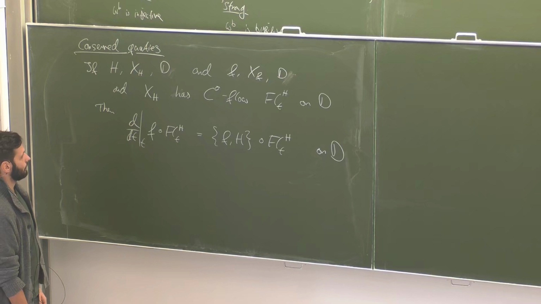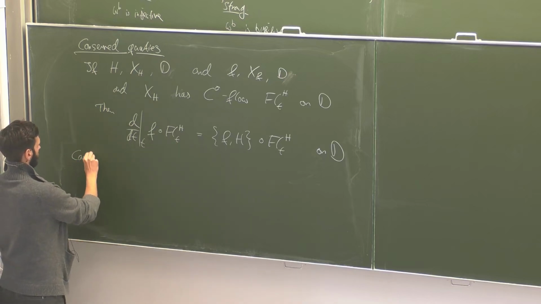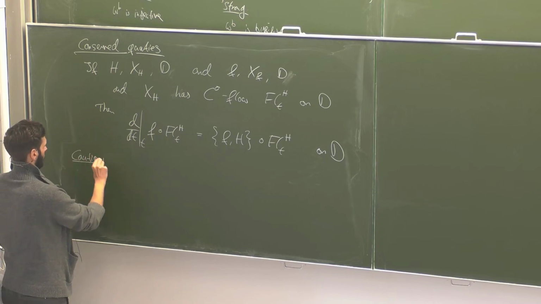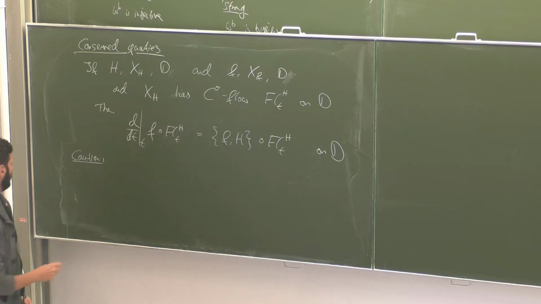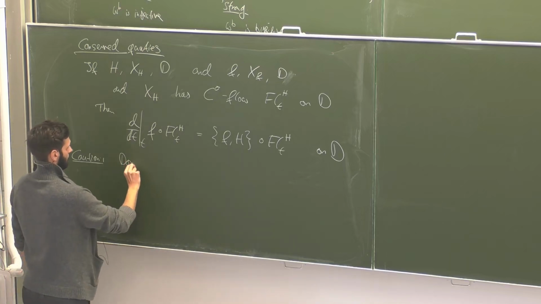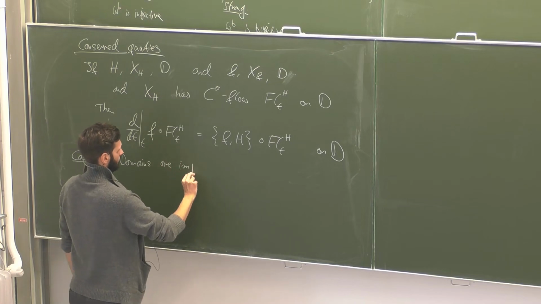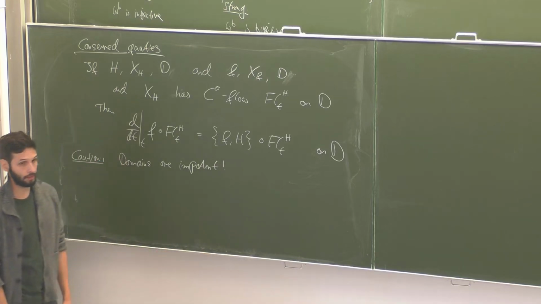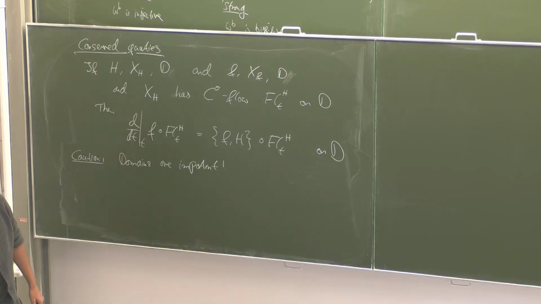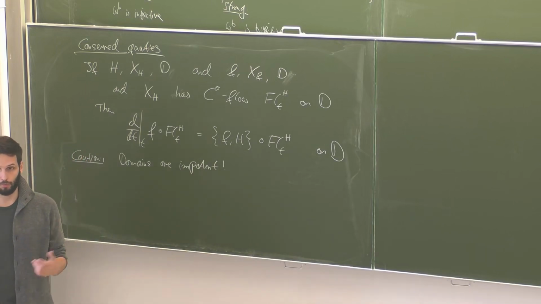And a word of warning is that these domains are really, really important. So you might get the impression that, okay, the Hamiltonian vector fields are only defined on some subspace, whatever.